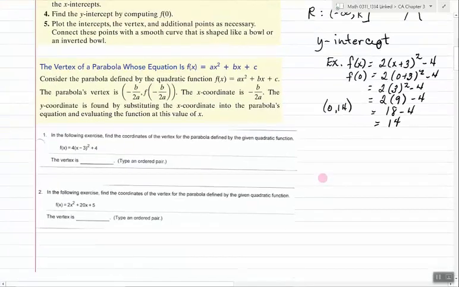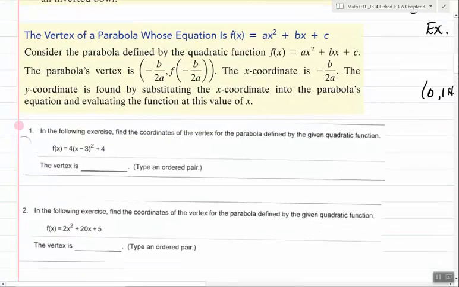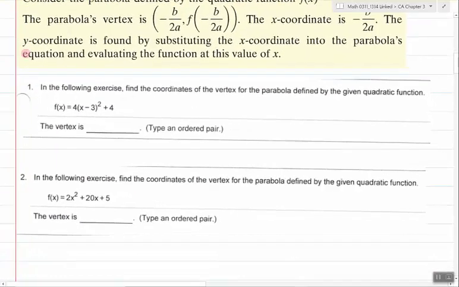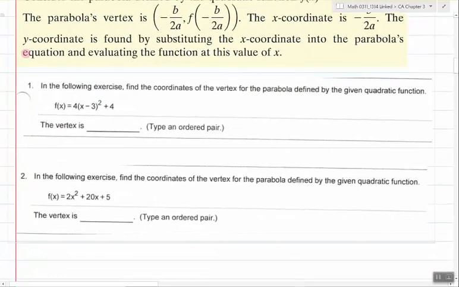Let's go ahead and take a look at our problems. Some of these are not going to ask for anything very difficult. For example, number 1. In the following exercise, find the coordinates of the vertex. The minute you hear vertex, it's h, k, for the parabolas defined by the given quadratic function. All right, when we have f of x is equal to 4, that's a.